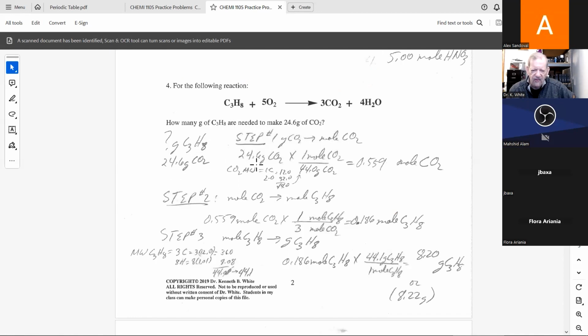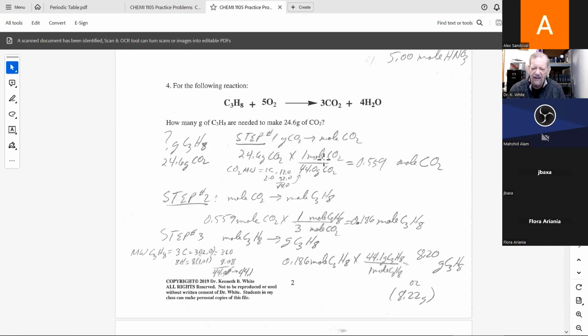Grams of this, CO2, we want to go to moles of CO2. Use your good buddy, your good friend. Whatever we're trying to get to goes on top. That's moles of CO2. Whatever we're trying to get rid of goes underneath, grams of CO2.